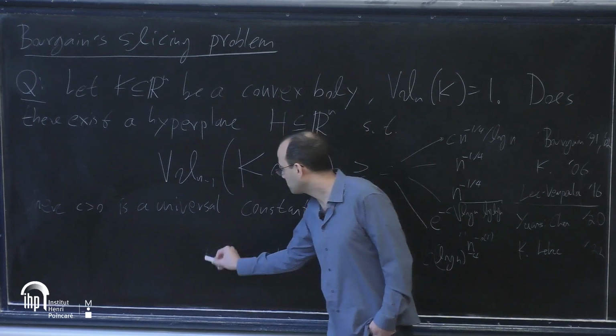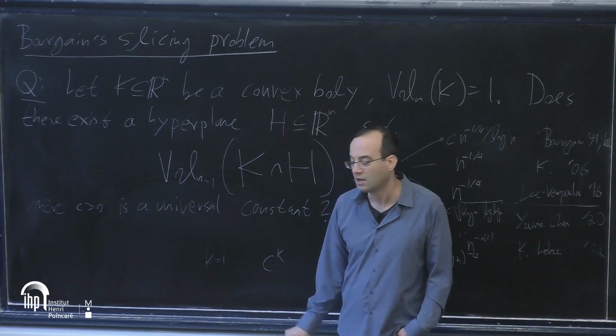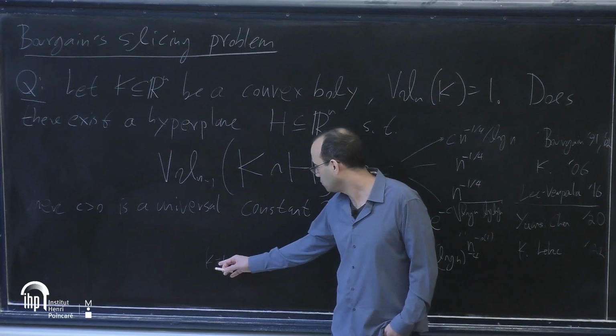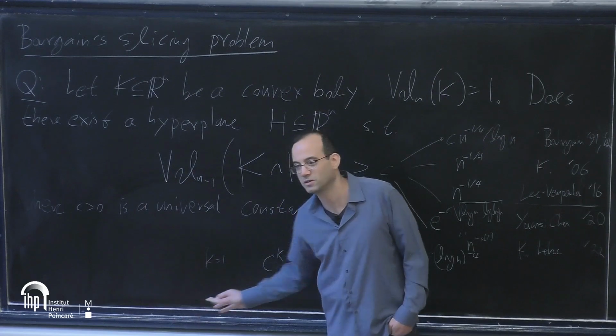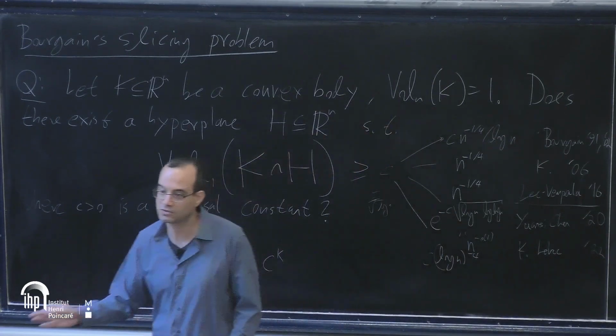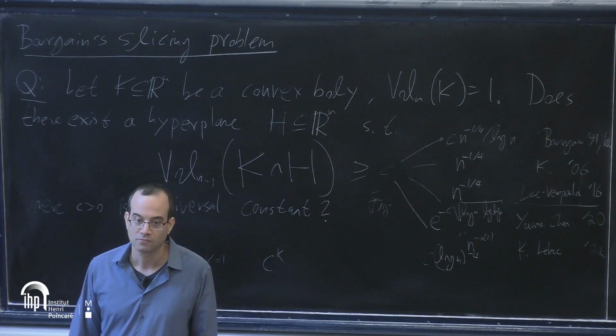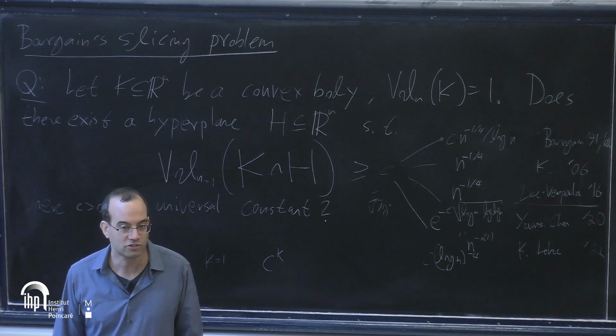I mean, the case k equals 1 is already open. But by induction, if you know it for k equals 1, you can get C to the k. If it's true for 1, then it's equivalent to the original conjecture, yeah. More questions?